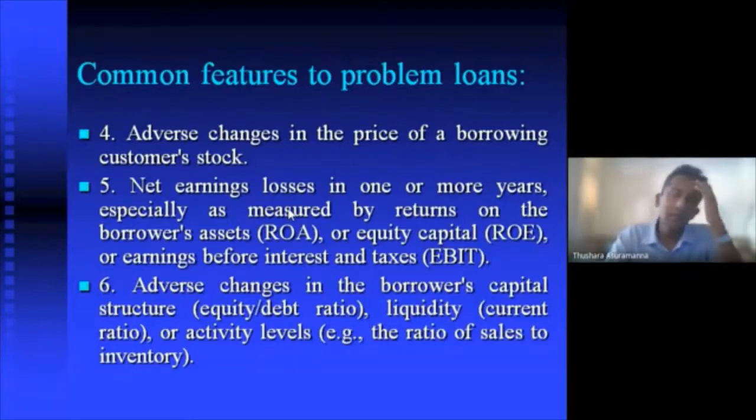So some problems are taking place in the business. And maybe debt equity level, liquidity, efficiency, gearing, right? So many things you now see deteriorating in terms of the balance sheet, P&L, and cash flow statement.